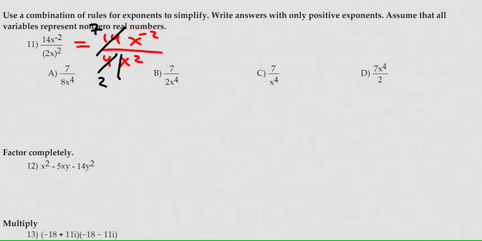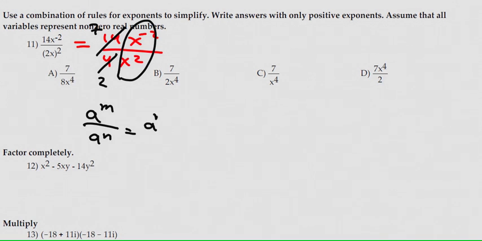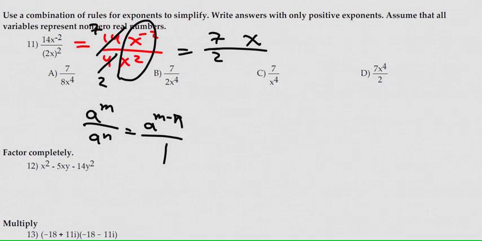But these together I apply the rule again. You remember this rule that you get confused about sometimes? a power m divided by a power n is equal to a power m minus n. But remember, this is divided by 1, this is up. So this will become 7 over 2, but I have x up, minus 2 minus 2.